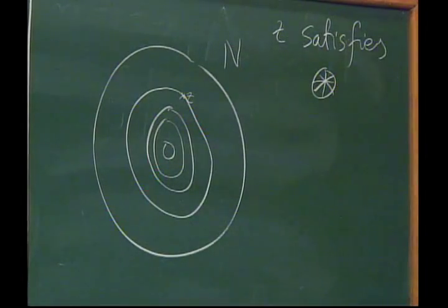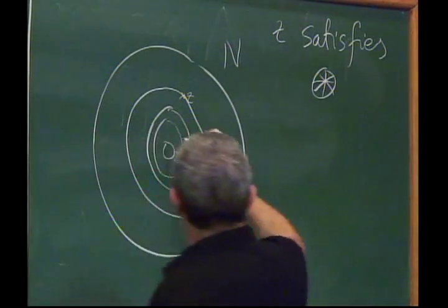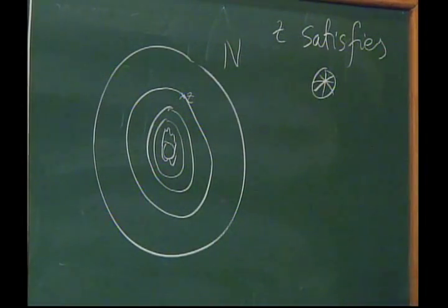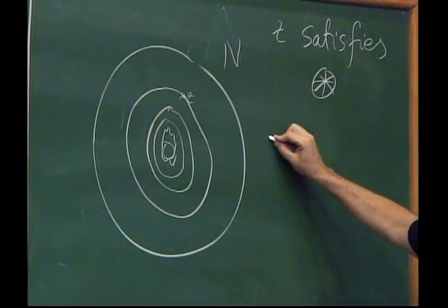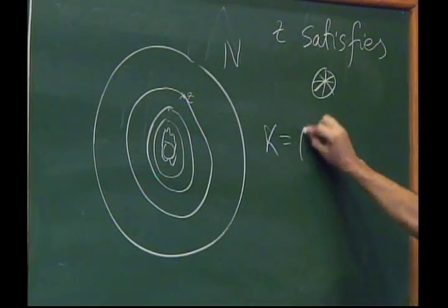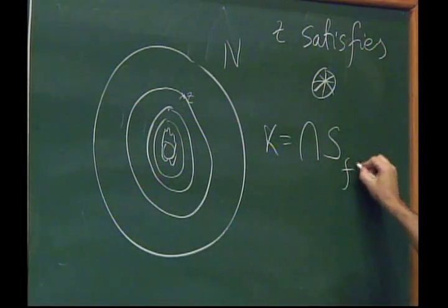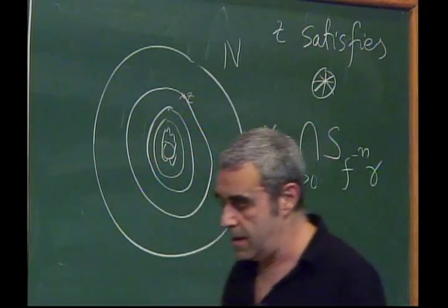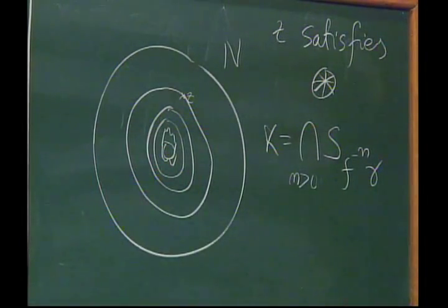So now I don't have any hypothesis, so maybe you will have here a compact set that is the intersection of the souths of these curves. So you will have the following property. This is K. K is the intersection of the souths of F minus n of gamma for n positive. K contains south, is compact, invariant, and backward invariant also.